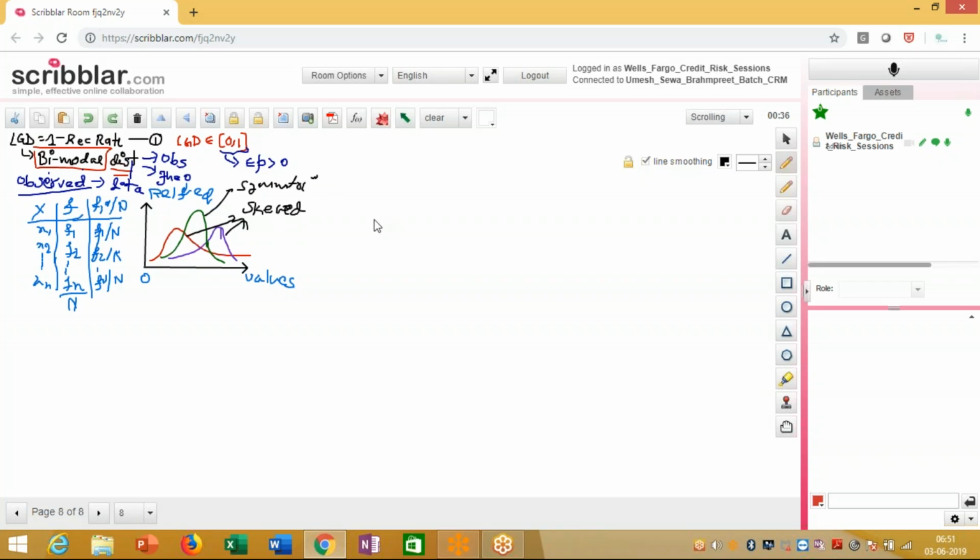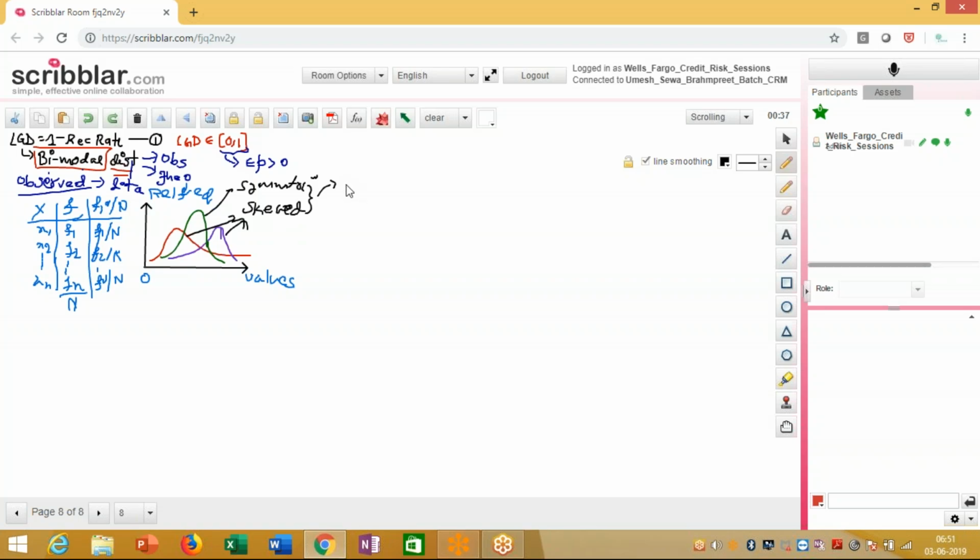So basically, if I'm talking about a symmetric distribution or a skewed distribution, what I'm broadly concerned about is the way the values are actually spread across the variable.